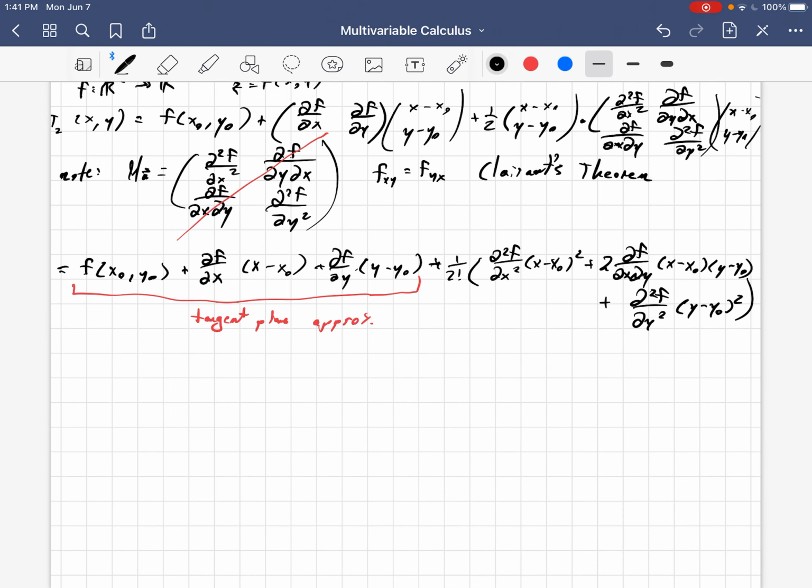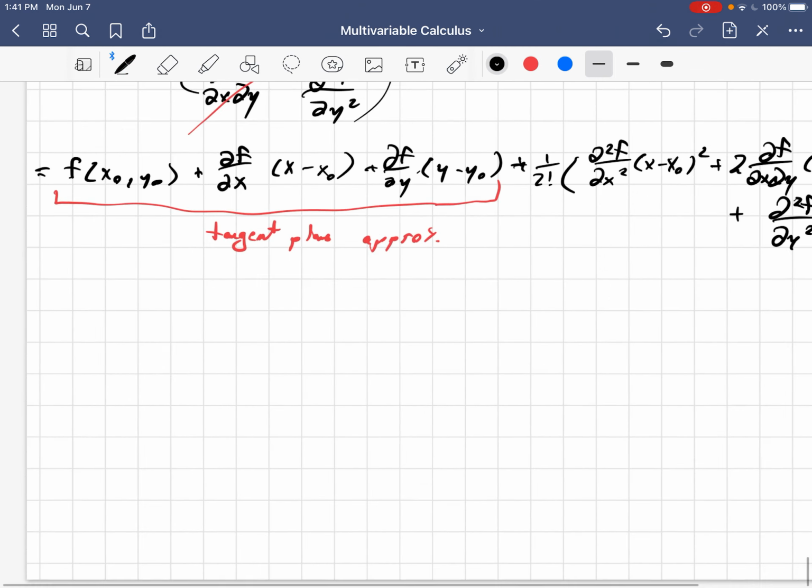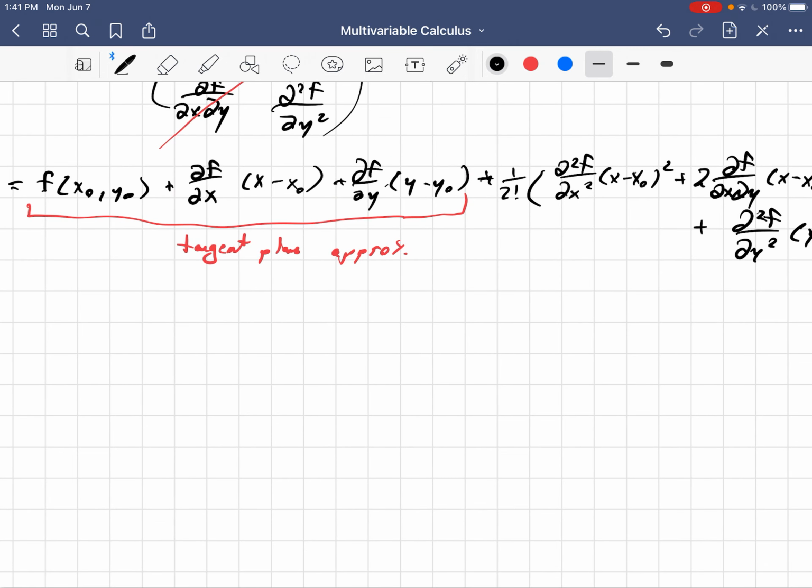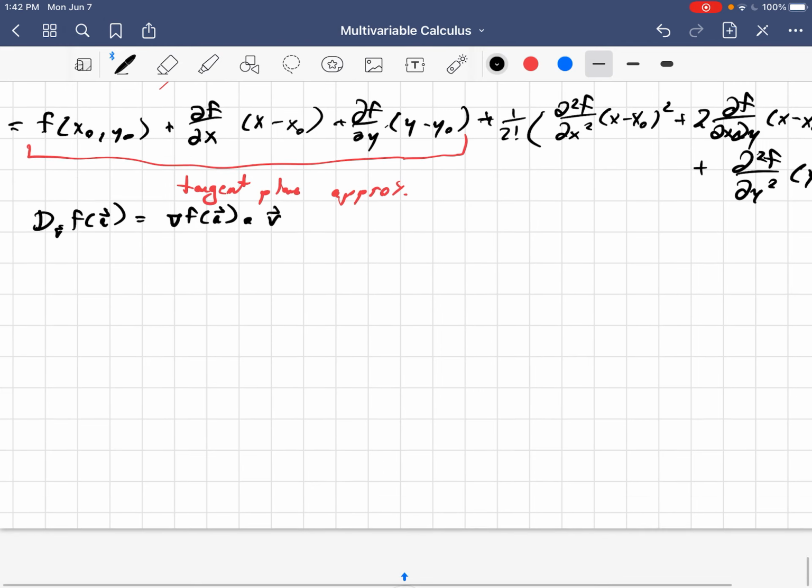And one way to see this is to remember that the directional derivative for a real valued function, d sub v of f of the vector a, is the gradient of f of a dotted with that vector v.